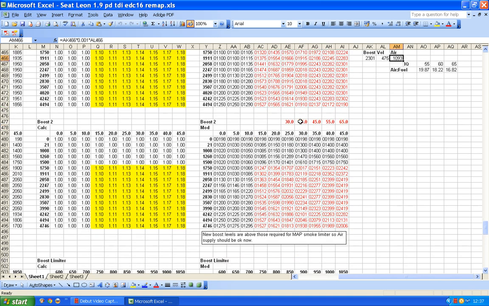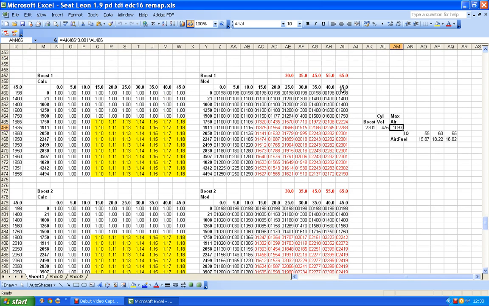And then I would repeat the process because there are two boost maps, so I would repeat it for here. This boost map has slightly different values. They are in fact slightly higher, so if anything my air supply is going to be slightly better, so I don't have to worry about any other changes. I can probably stick with these, so I would put those in. So that would give me reasonable boost changes.